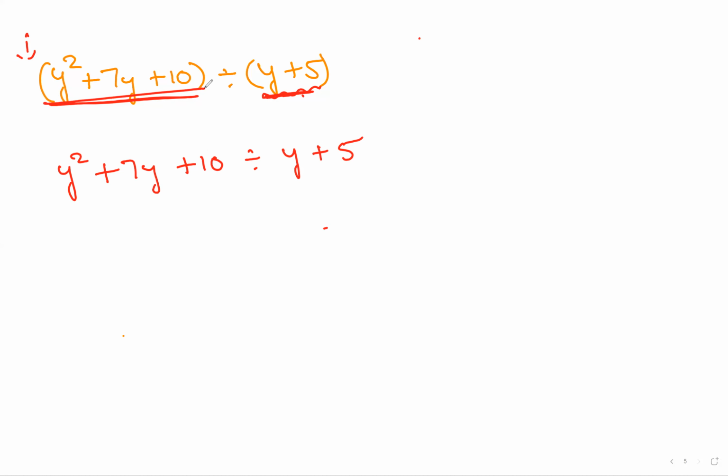But in the second, y² + 7y + 10 divided by y means y is dividing only 10, so it has nothing to do with any other terms. If you don't use brackets, the meaning will change. Understood or not? So we have to be careful in using brackets.